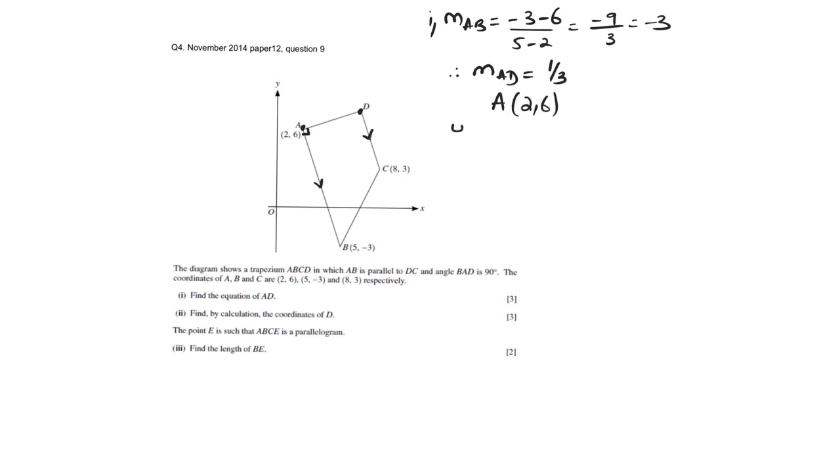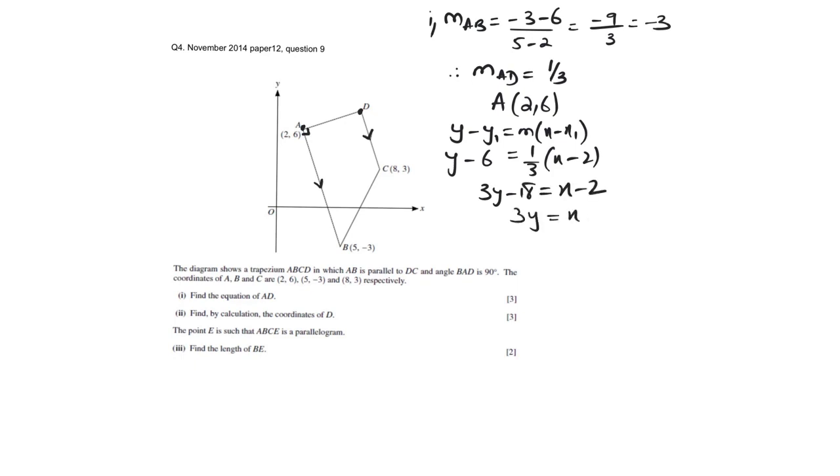You can form the equation of AD. y minus 6 equals one over 3 times x minus 2, so 3y minus 18 equals x minus 2. That's your equation for AD.